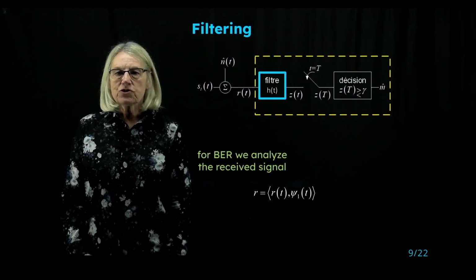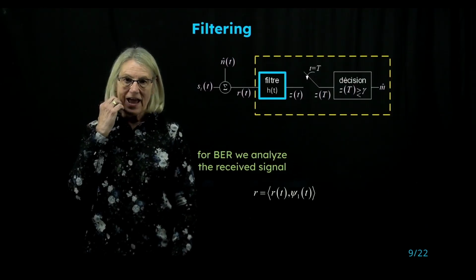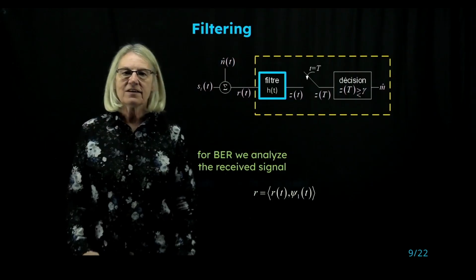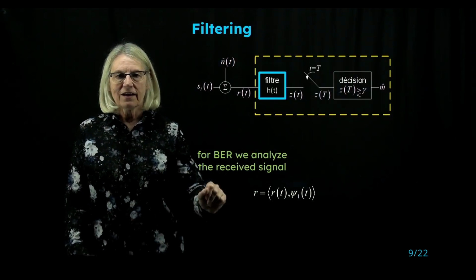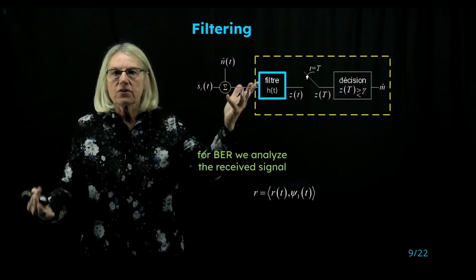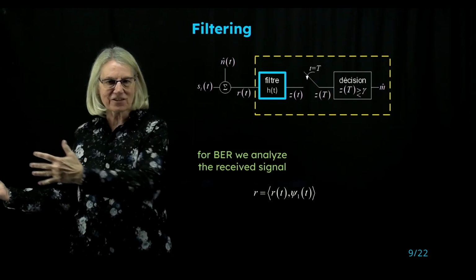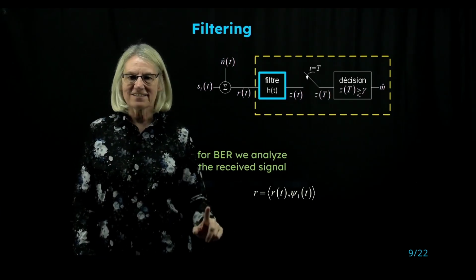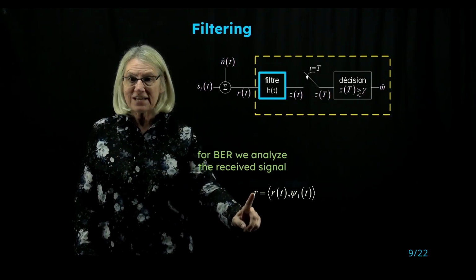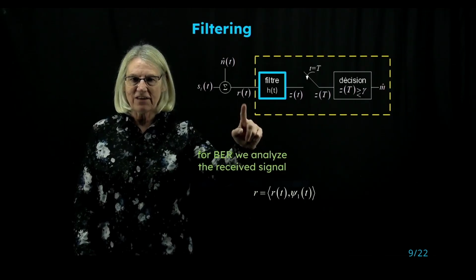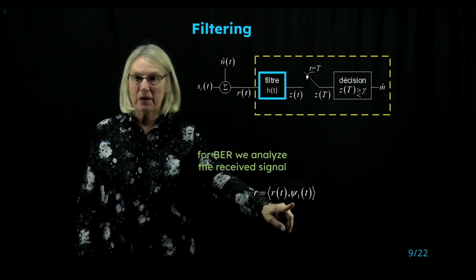In order to do the analysis, remember that we had this filtering going on. So what's going on with this filtering, and how do I represent this in signal space? In essence, I want to put my received signal, my R of t, in signal space, right?